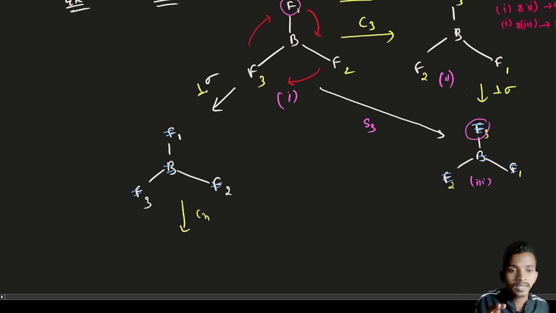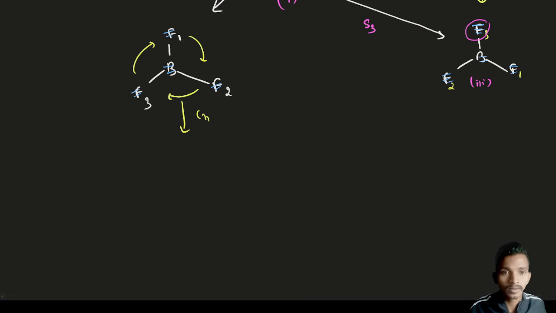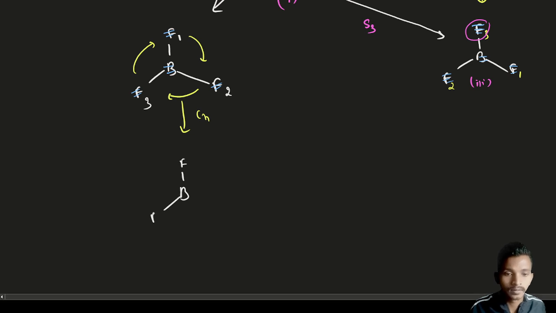I will put the mirror above this molecule, so that the back goes to front and front goes to back. Now I will apply CN, and it will rotate. So F1 will come here, F2 will go here, and this is still at the back.